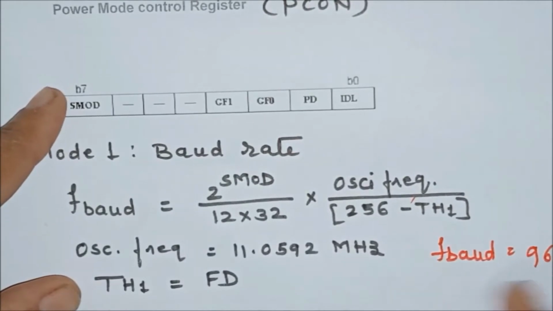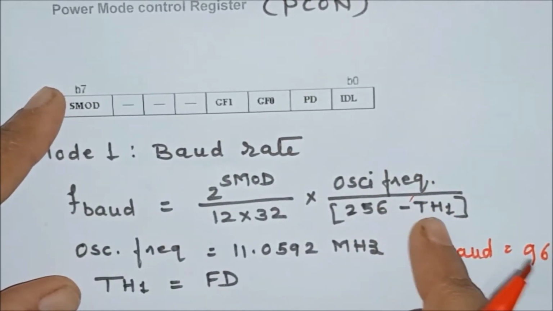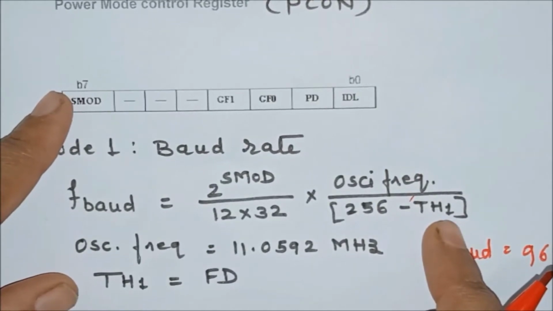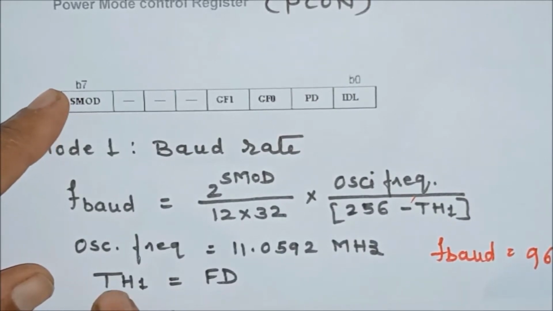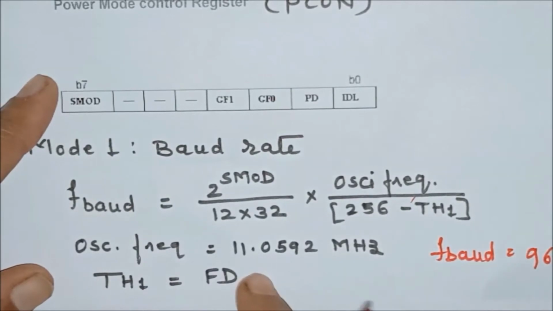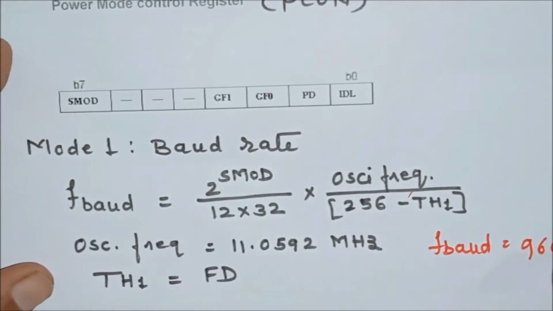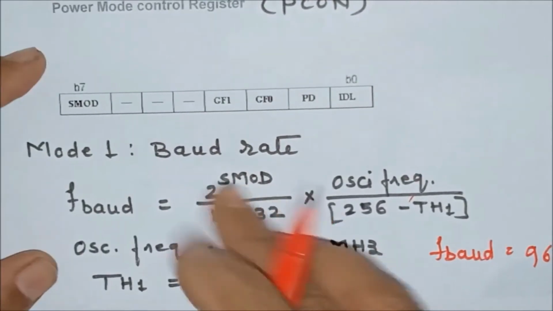By substituting baud rate and oscillator frequency, we can find count to be stored in TH1 register. So in TH1 register we get FD. So FD should be stored in TH1 register related to baud rate 9600. We are using SMOD bit as 0.